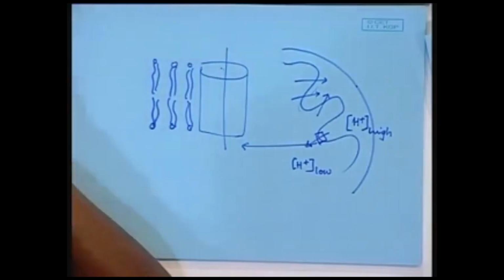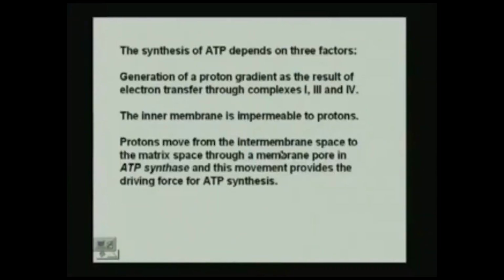So, what happens is the protons move from the intermembrane space, that is the area between the two membranes, to the matrix space through a membrane pore in ATP synthase, and this movement provides the driving force for ATP synthesis. Okay. So, basically we have the mitochondria, with a series of complexes which we are going to look at in a moment, and the inner membrane is impermeable to protons.